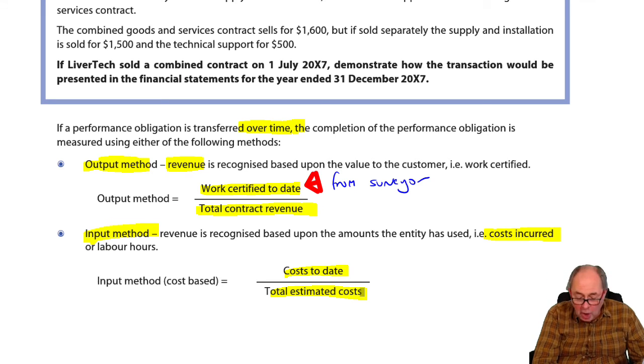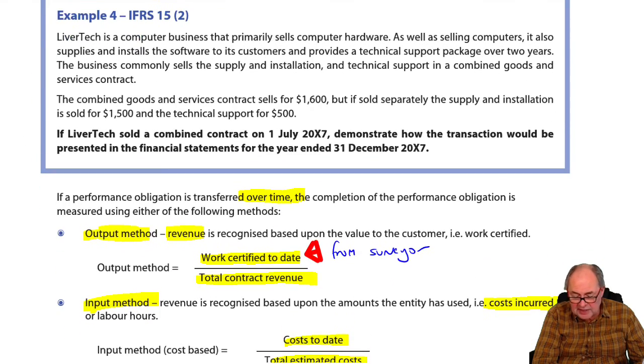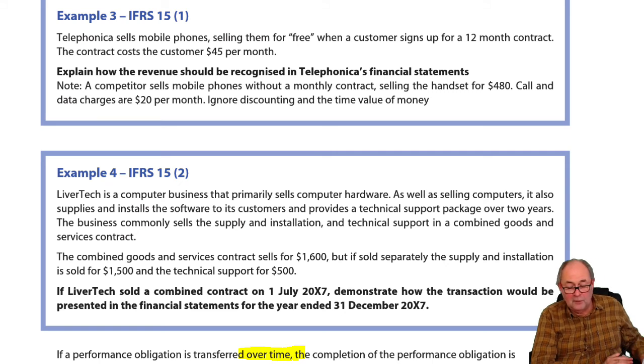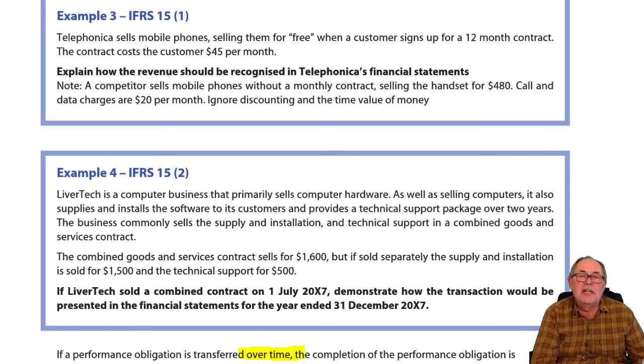Now, on this page, you will see, if you look above, example 3 and example 4, there are good answers to those in the back of the notes. I'm not going to go through them because they are so similar to the one that we did in the last example. So, they work in exactly the same way, where you are simply allocating the revenue against the performance obligation.